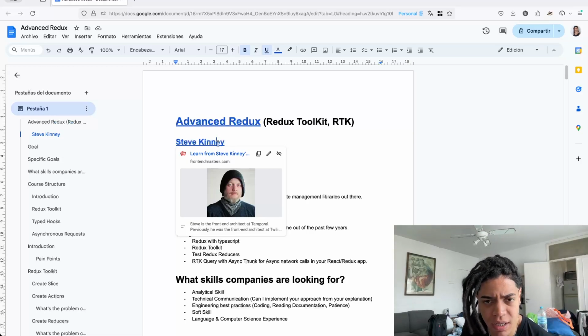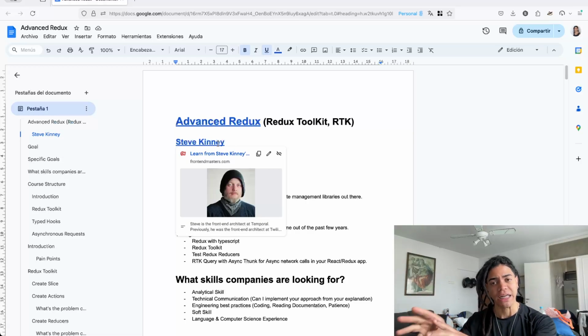So Steve Keeney, he's the head front-end engineer at Temporal, which is a company focused on building durable execution platforms. You can think of this pretty much like some sort of Kubernetes with self-correcting and self-checking health status and other features that are needed in those environments when you need to deploy an application.